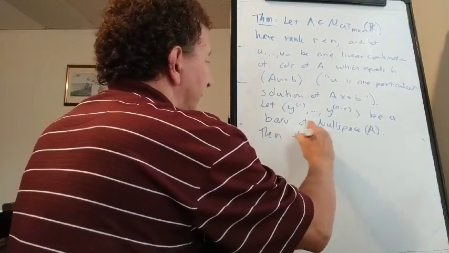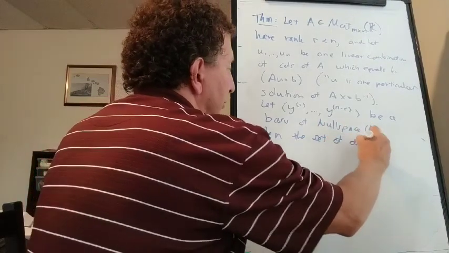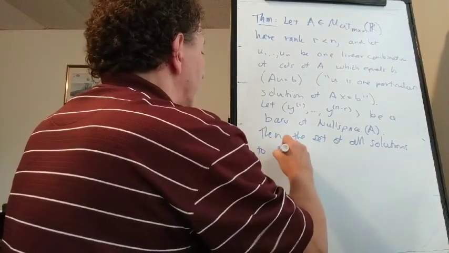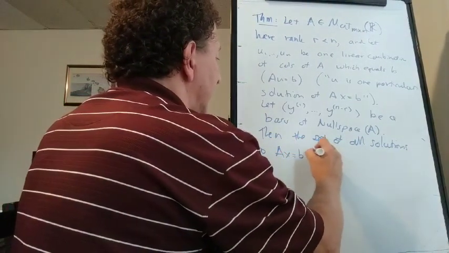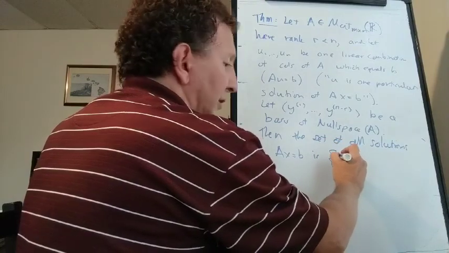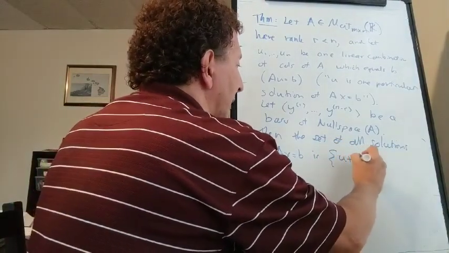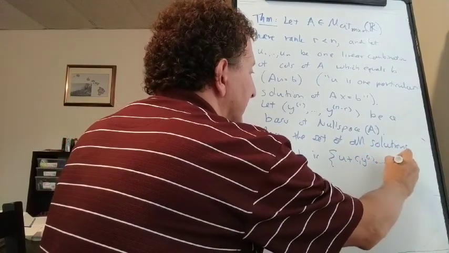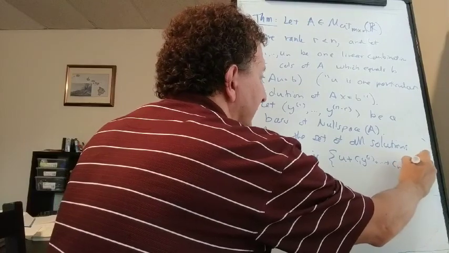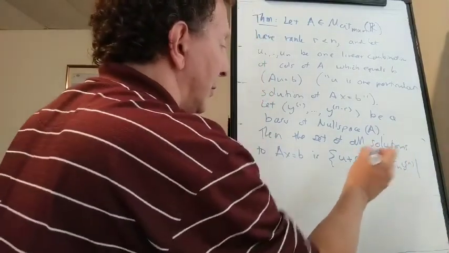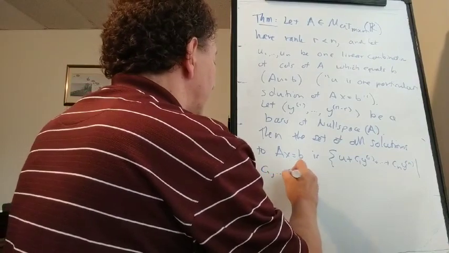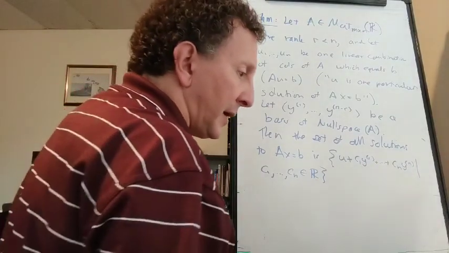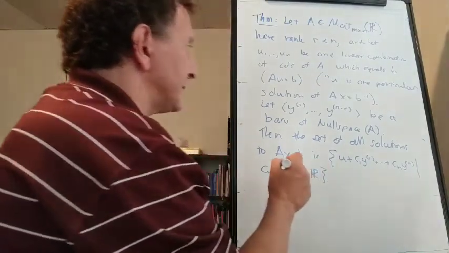So then the set of all solutions to AX equals B is the set of all expressions of the form U plus C1 Y1 plus dot dot dot Cn Yn, where C1 through Cn are real numbers, and that's all solutions.